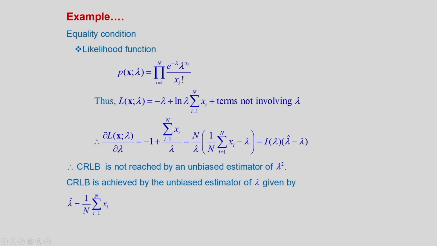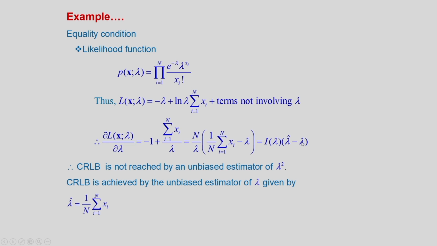Therefore, del L del lambda will be equal to minus 1, the derivative of this, plus summation xi, i going from 1 to n, and the derivative of log lambda is 1 by lambda. So del L del lambda is equal to minus 1 plus summation xi, i going from 1 to n, divided by lambda, and this can be simplified as n by lambda into summation xi, i going from 1 to n, by n minus lambda, and this we can write as I of lambda into lambda hat minus lambda.